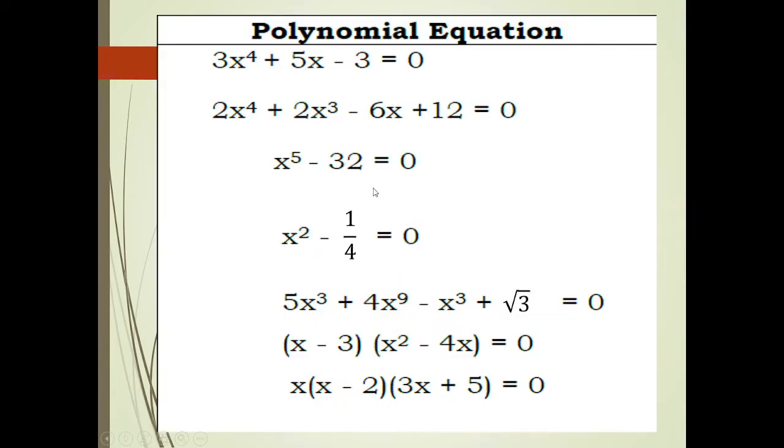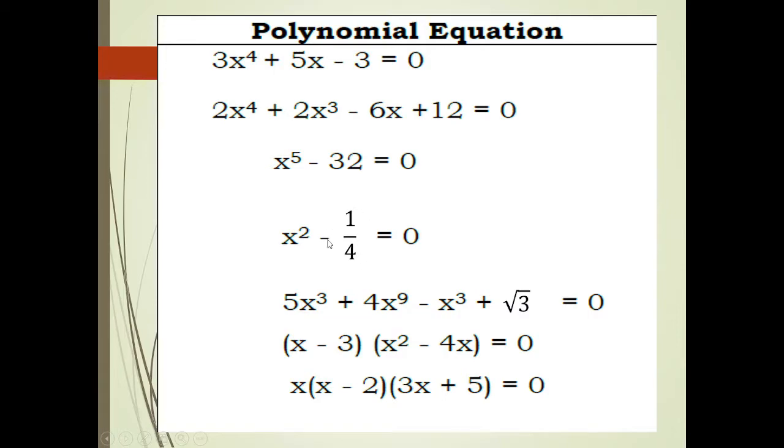So, look at this. These are examples of polynomial equation. 3x to the fourth power plus 5x minus 3 equals 0. So, as you can see, the exponent 4 is positive. Then, 2x to the fourth plus 2x cubed minus 6x plus 12 equals 0. They are all positive. The same with this one. Now, look at this. X squared minus 1/4 equals 0. We have a fraction 1/4, but it is not an exponent.